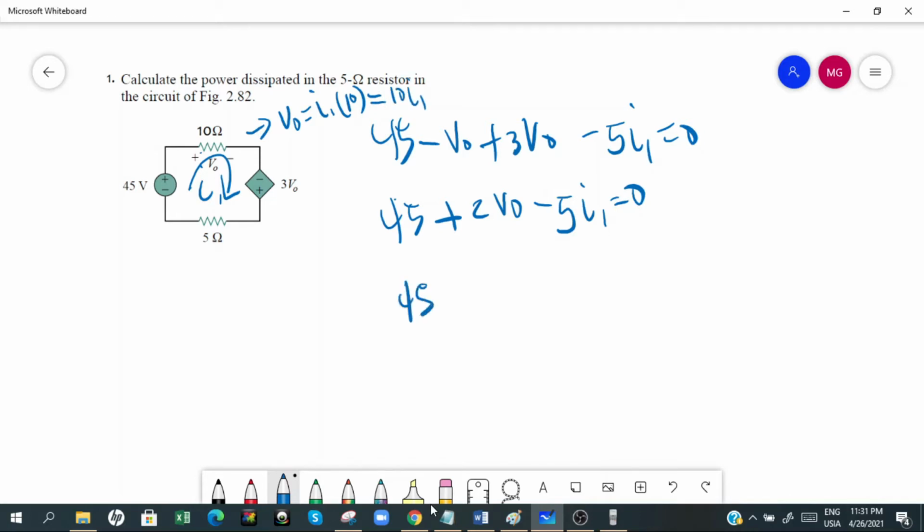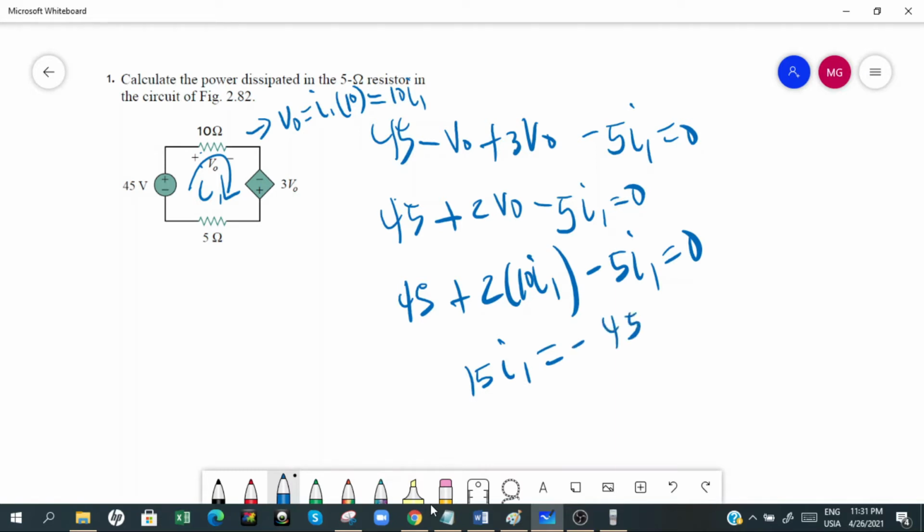So I can now replace VO with 10 I1. 2 times 10, that's 20, minus 5, that's 15 I1. I'll transfer this one to the other side, so that's negative 45. Negative 45 divided by 15, that's negative 3 amperes.